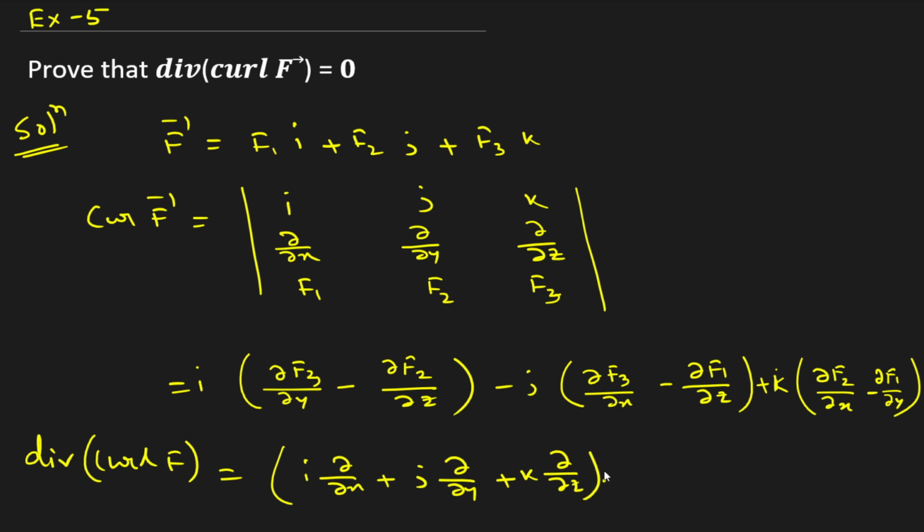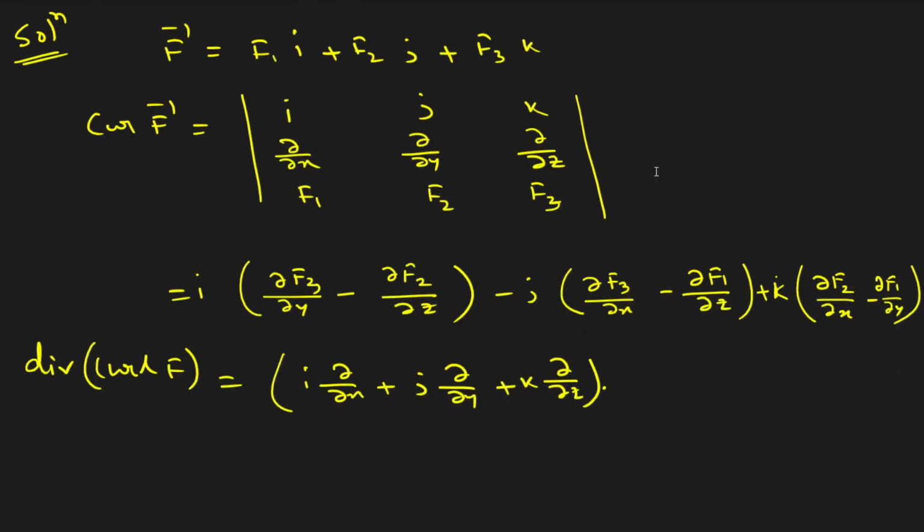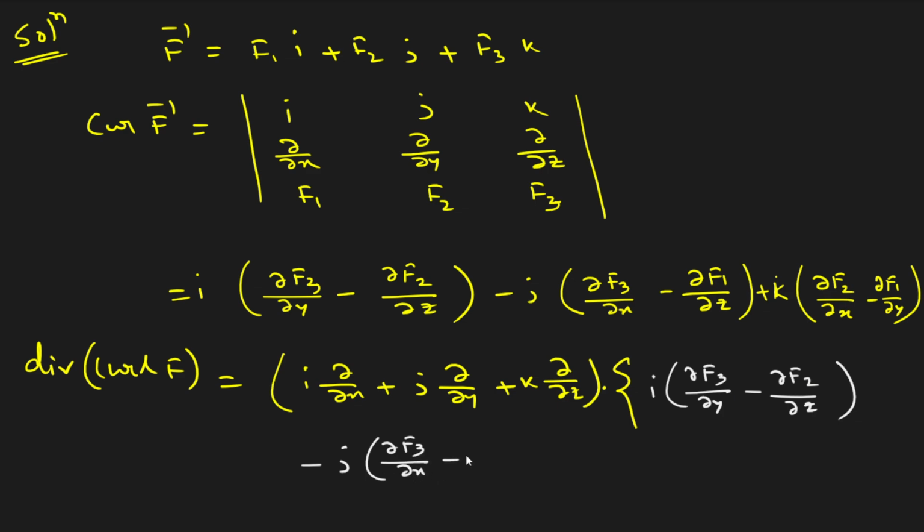With this, we have to write the value of this curl f bar, which is i (∂f3/∂y − ∂f2/∂z) minus j (∂f3/∂x − ∂f1/∂z) plus k (∂f2/∂x − ∂f1/∂y).